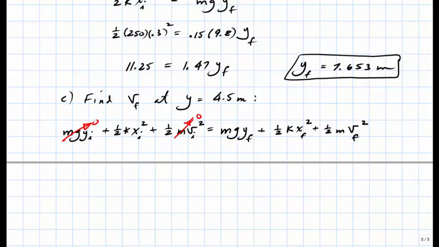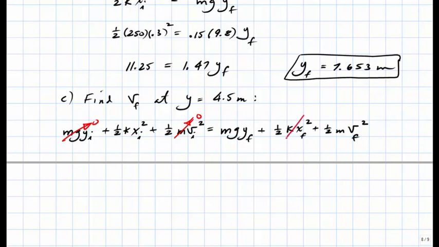On the right-hand side now, the final elevation equals 4.5 meters, so certainly this term remains with us. The spring is relaxed at an elevation of 4.5 meters, right? Because the spring is only engaged during the first 30 centimeters of the ball's travels. The spring is relaxed when the ball reaches 4.5 meters. Therefore, the spring term disappears.